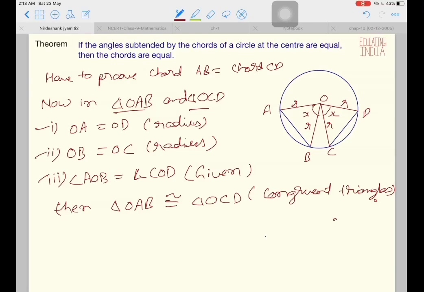And if these two triangles are congruent, then the sides in front of the equal angles are also equal. These angles AOB and COD are the same, so in congruent triangles the sides in front of those angles are also the same. So AB is equal to CD. This is the theorem: in any circle, if the angles subtended by the chords are equal, then the chords are equal.